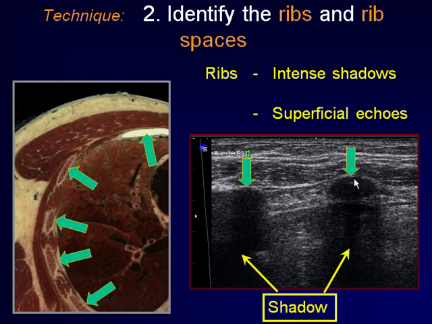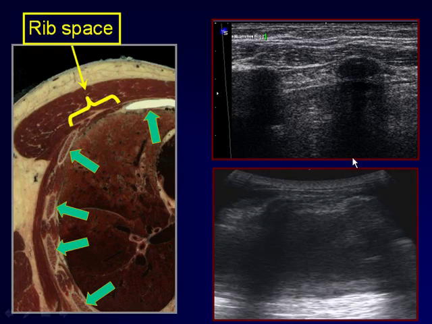Here's the surface of the rib, we mentioned that, and the correlate here with the cadaver model is shown with the ribs coming around here in this transverse section and cartilaginous area up here. But basically the ultrasound probe is traversing between two of these rib spaces, giving you this image here.